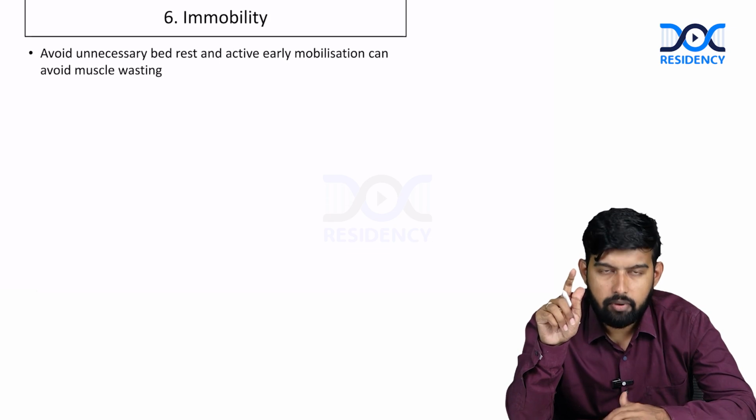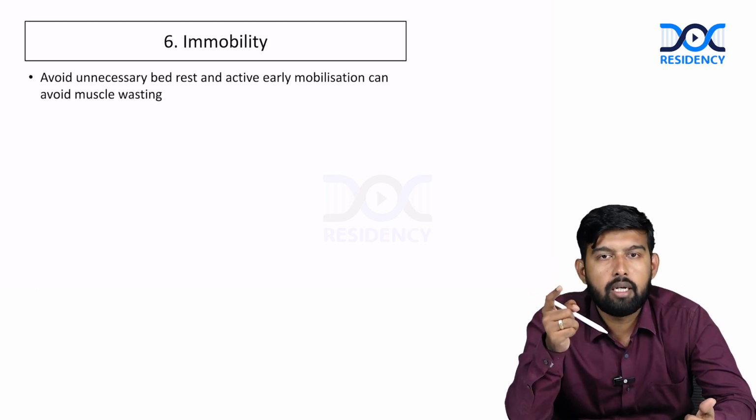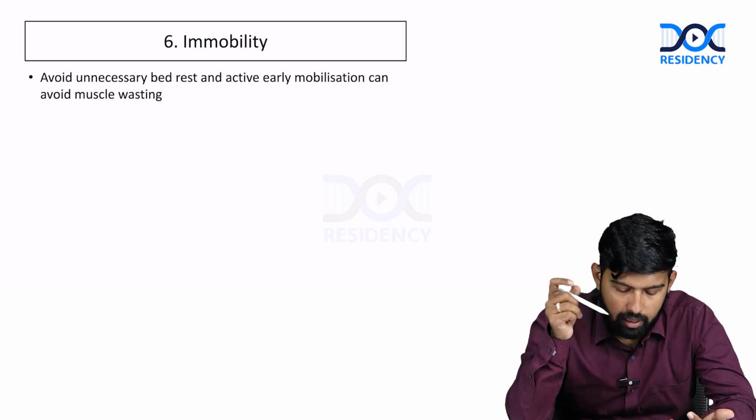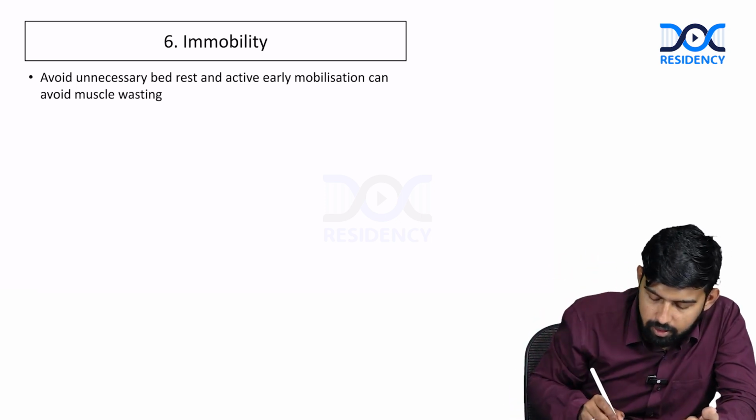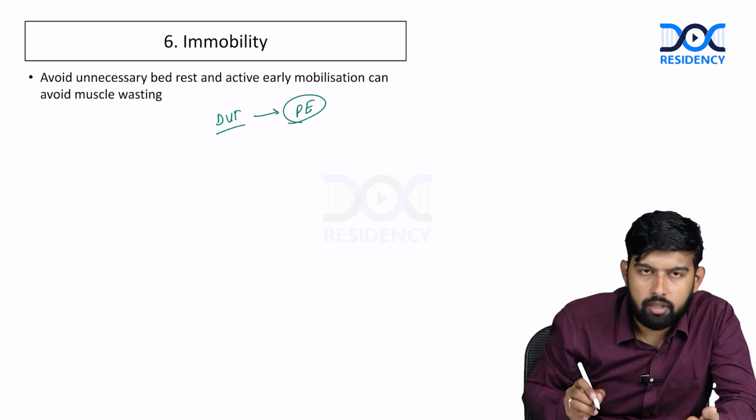And the last avoidable factor is immobility. It should be avoided because immobility may cause DVT, deep vein thrombosis, and it may cause pulmonary embolism.